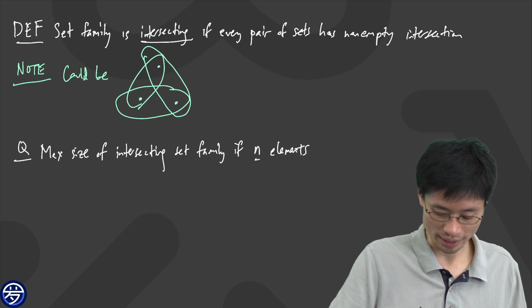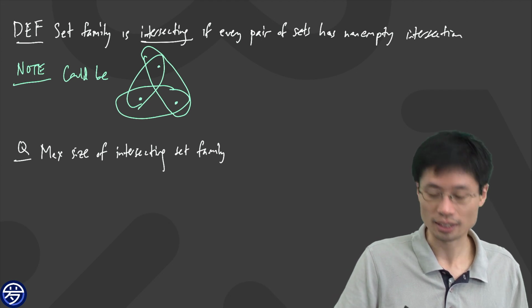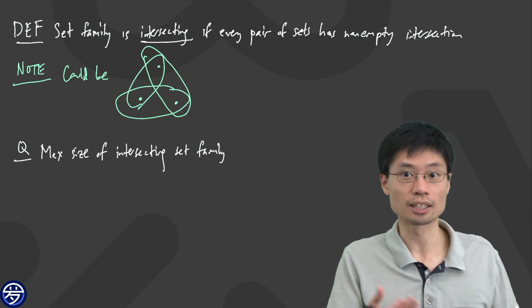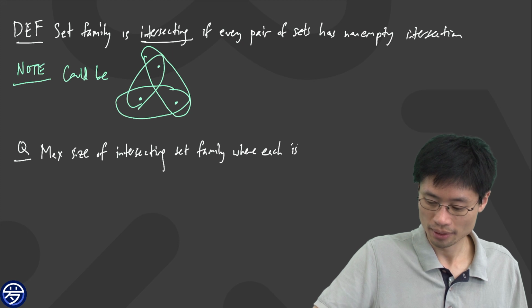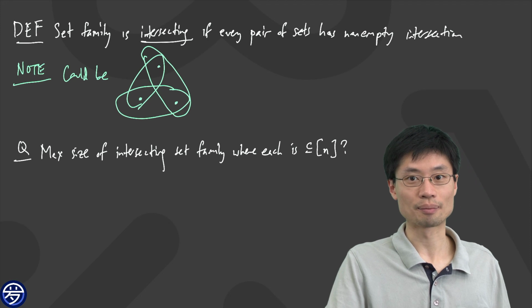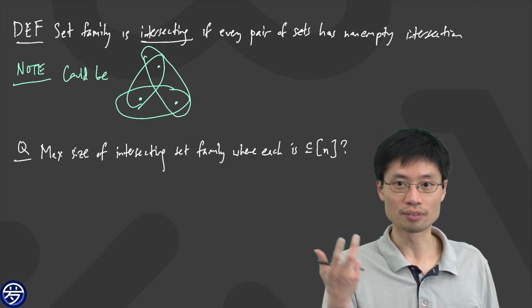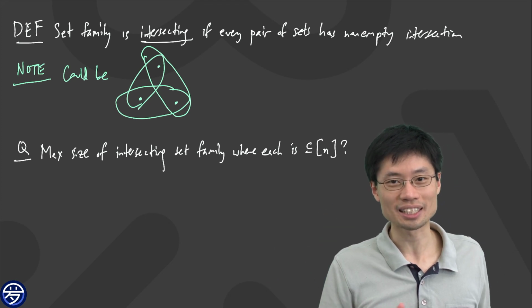Well, actually, hang on a second. Let me write it in a more clear language. Maximum size of an intersecting set family where each set is a subset of square bracket n. Each is a subset of square bracket n. So now I'm being very clear. I'm saying somehow all of the sets are subsets of 1, 2, 3 up to n. And how big of an intersecting family can we get?